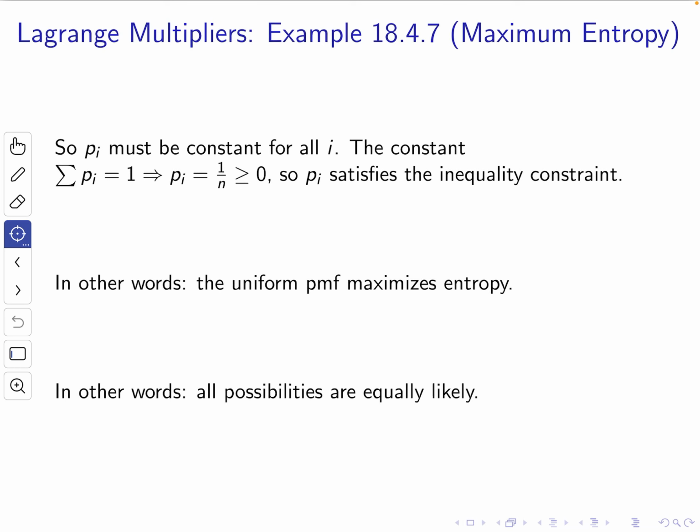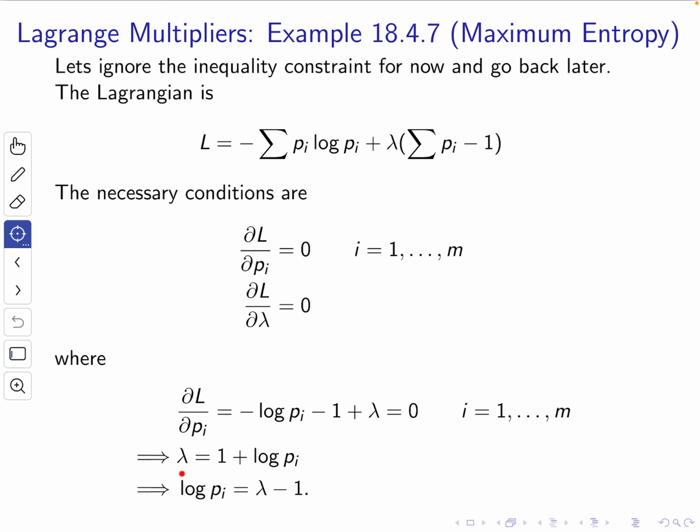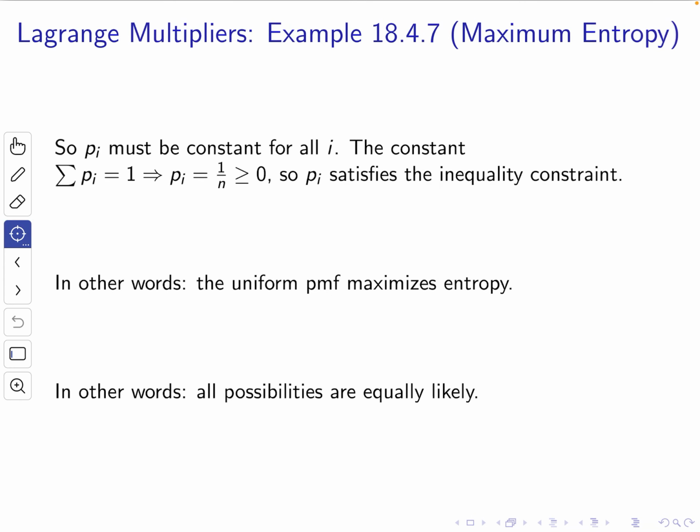And then I also have the constraint that when I take the partial of L with respect to lambda, I get the sum of pi's equal to 1. Since each of the pi's has to be the same thing, that means pi is going to be 1 over n because they have to all sum to 1.